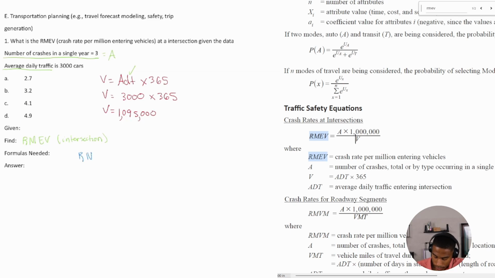So RMEV is equal to A times 1 million all over V, and we'll just substitute from there. 3 times 1 million all over V, and for your RMEV, you should get 2.74.